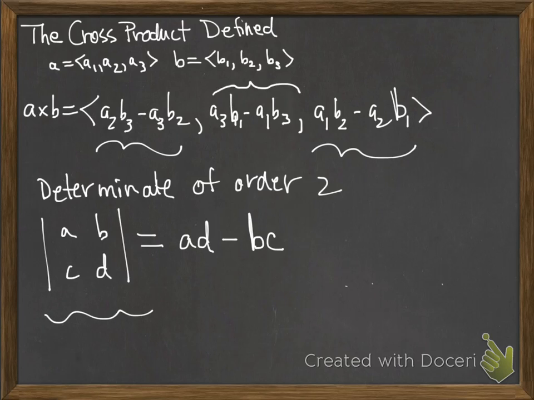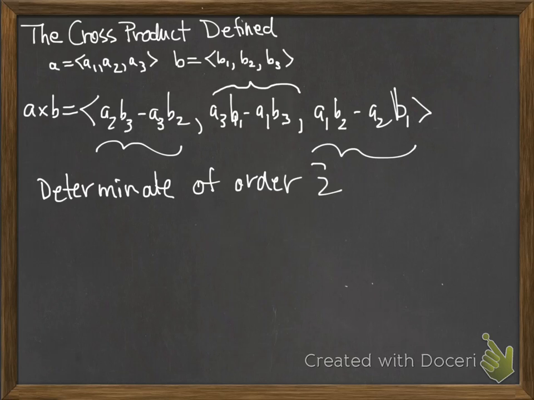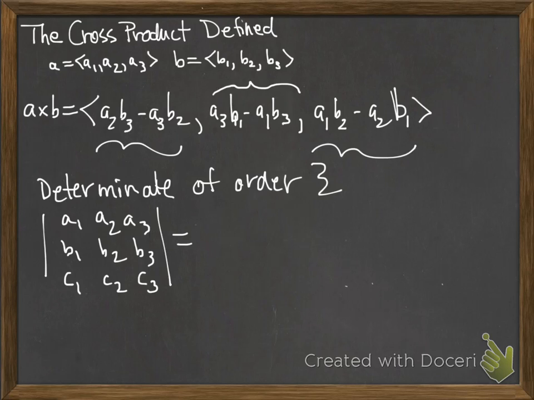All right. If we want to now define the determinant of order 3, what we realize is that it's really just a sum of a bunch of determinants of order 2. So let's define it. It's going to be, let's say, A1, A2, A3, B1, B2, B3, C1, C2, C3. What that's actually equal to is A1, so this first row, first column, and you can think about it as blocking out the rest, times the determinant of the remaining entries, so B2, B3, C2, C3.